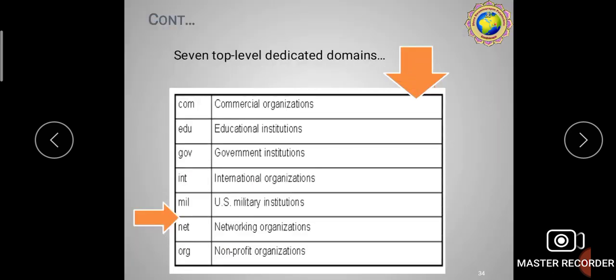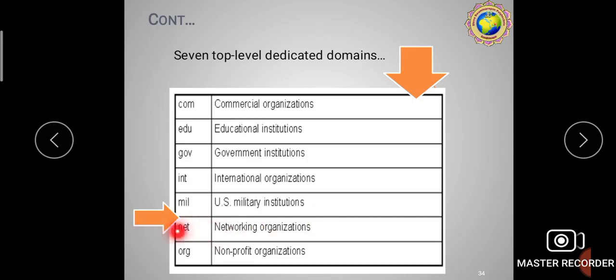Here are the 7 top level dedicated domains: .com means commercial organization, .edu means educational institutions, .gov means government institution, .int means international organization, .mil means US military institution, .net means networking organization.